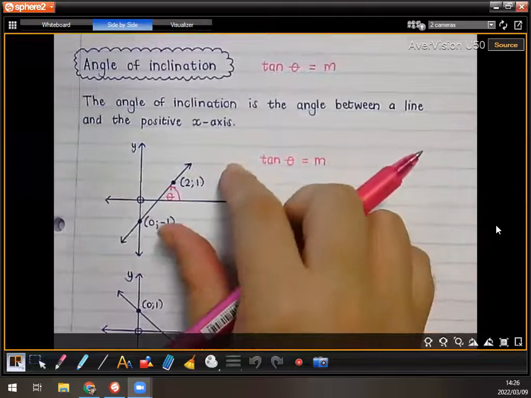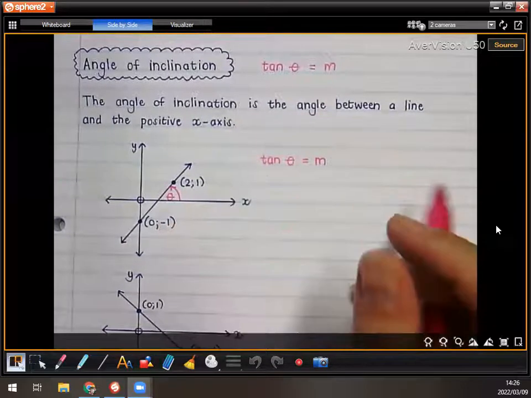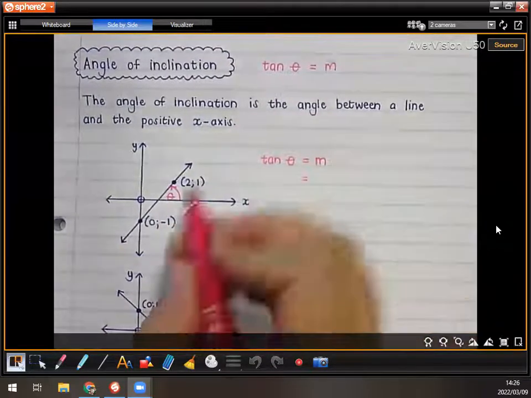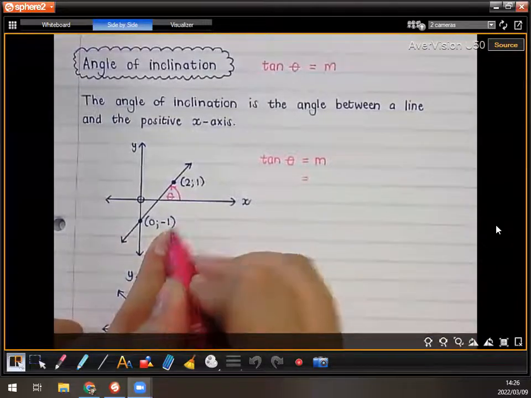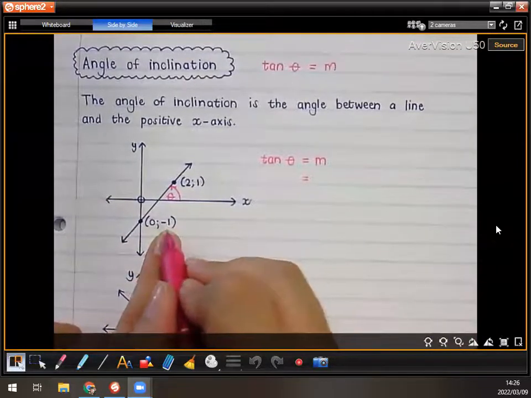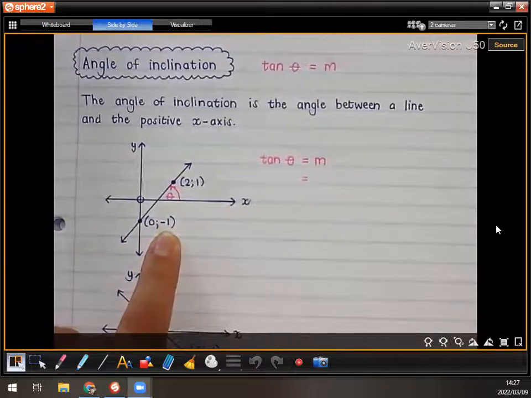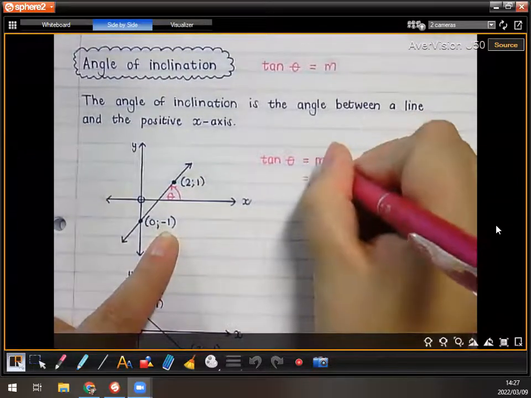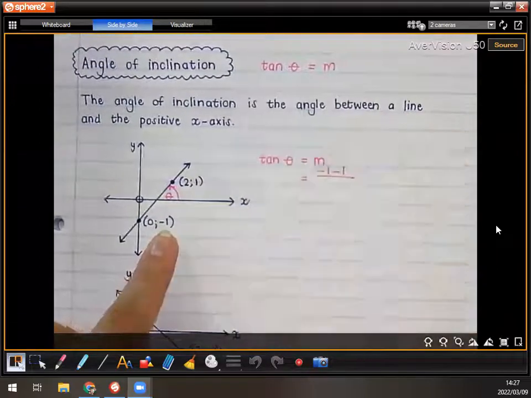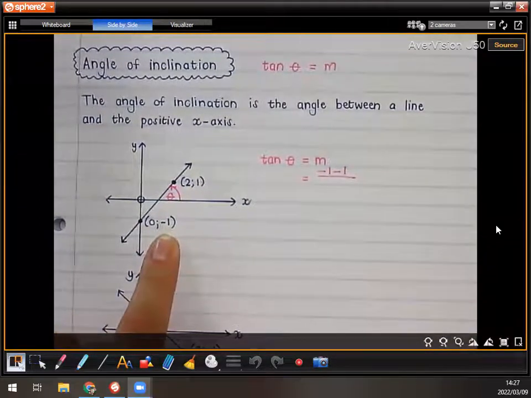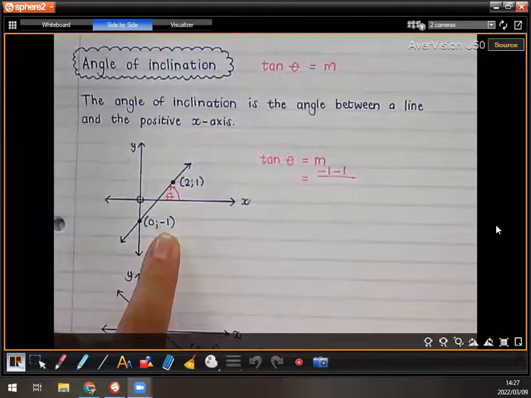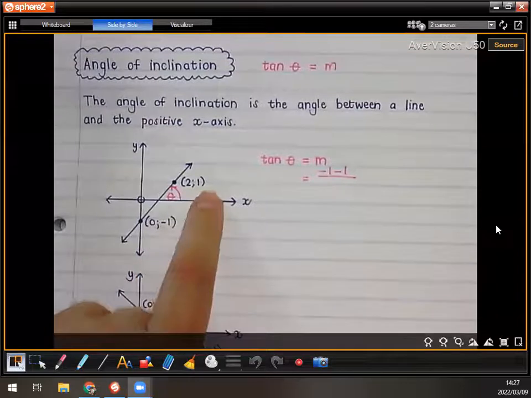We have a formula for gradient: change in y over change in x. For this one, let's start with the bottom one and minus the top one. So change in y: negative 1 minus 1.